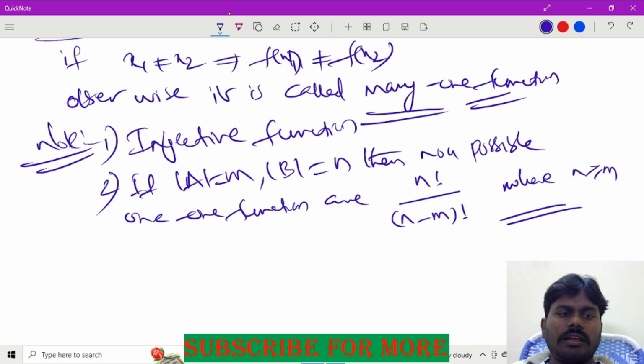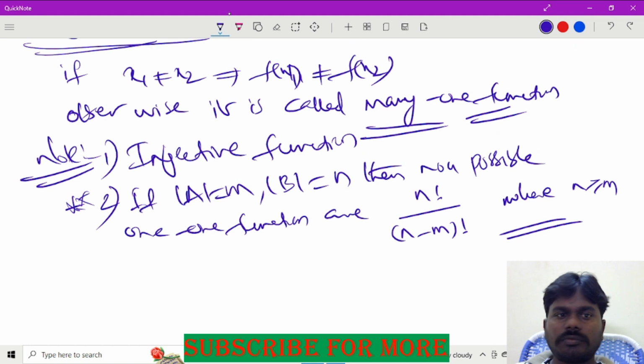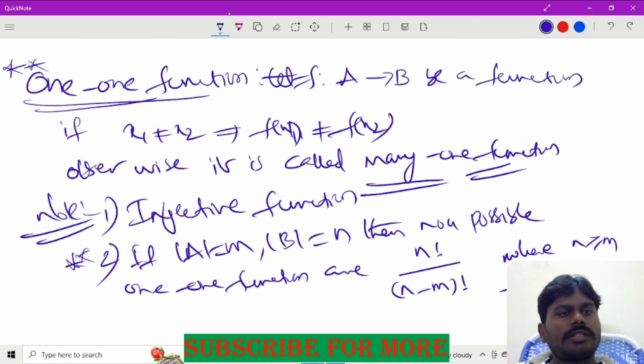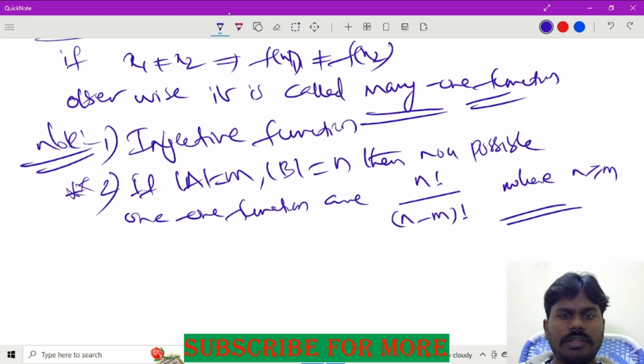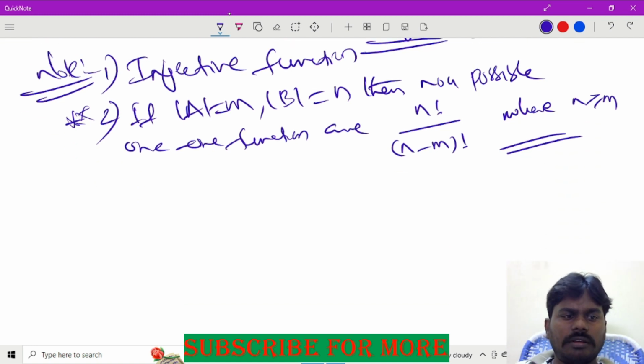This is the important condition to define a one-one function, and it is a very important definition. Here we will see one example, then you will understand easily.